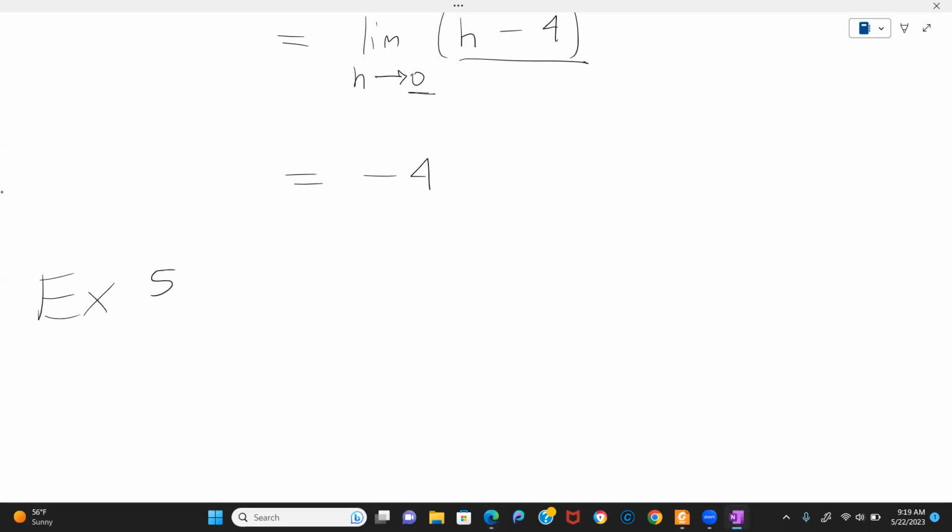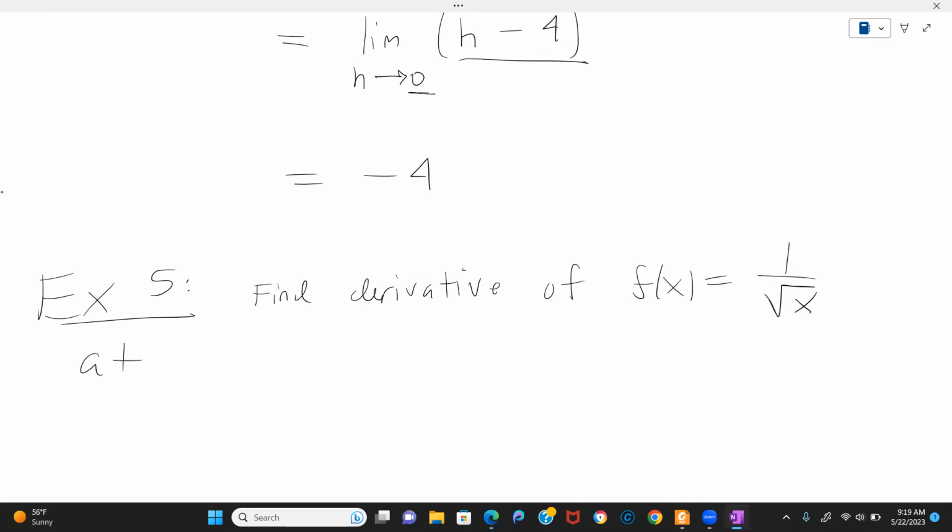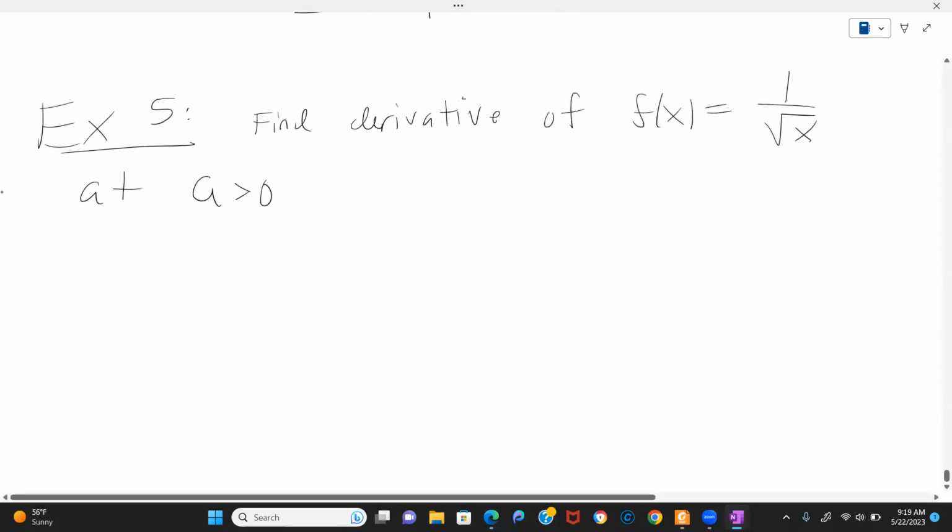For example 5, we want to find the derivative of f of x is equal to 1 over square root of x at some number a that's positive.